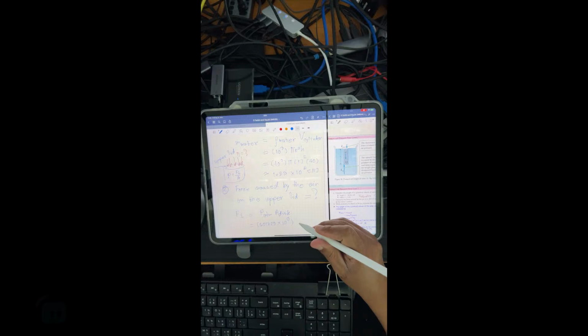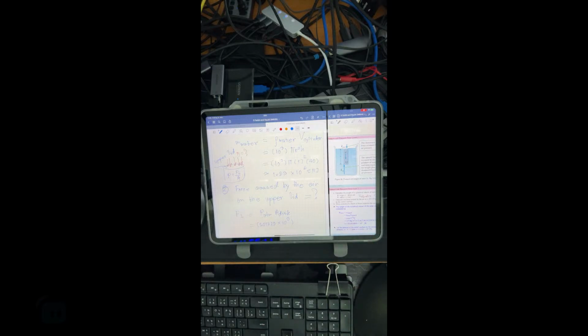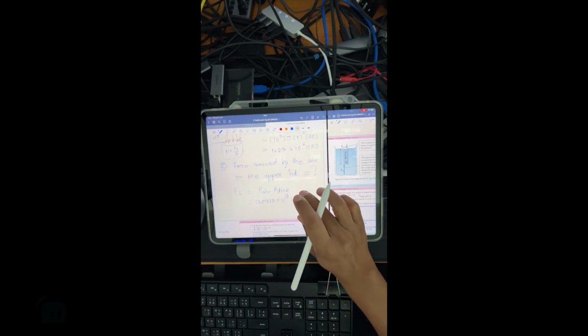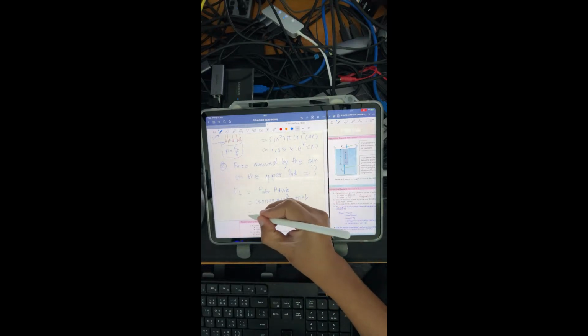And the area of the disk is pi r squared, because it's a cylinder.